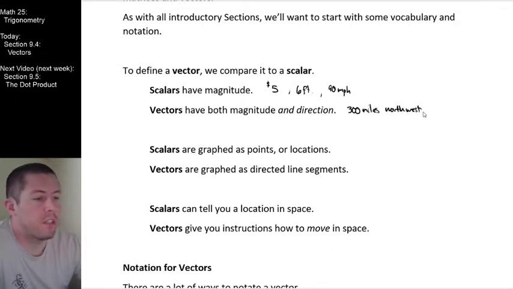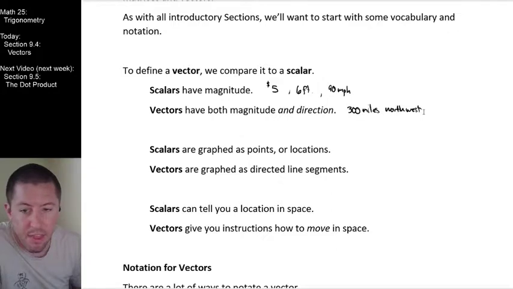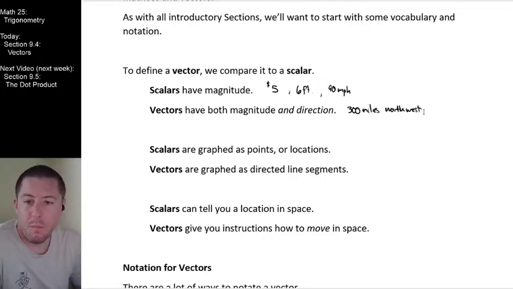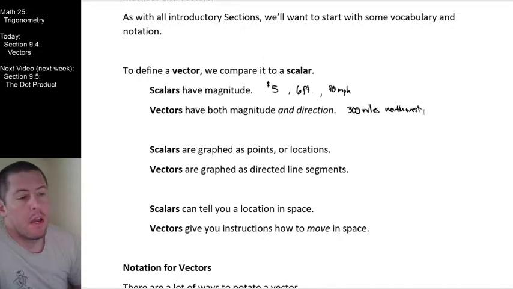All right, so the essential distinction between a scalar and a vector is that scalars are like every number that you've ever dealt with in pretty much your entire life. It's just describing an amount. Vectors always have direction tied to them, so vectors always have both magnitude and direction needing to be described.